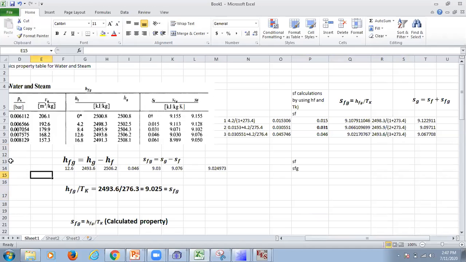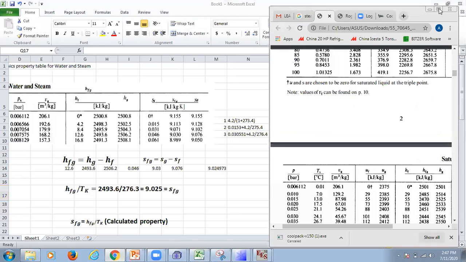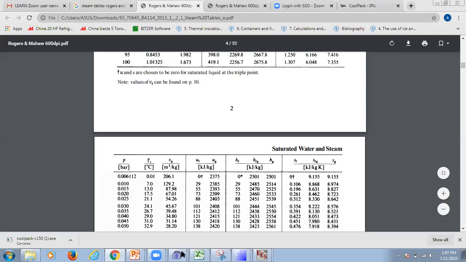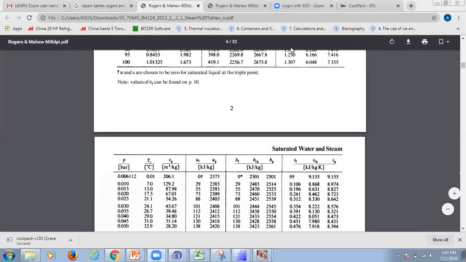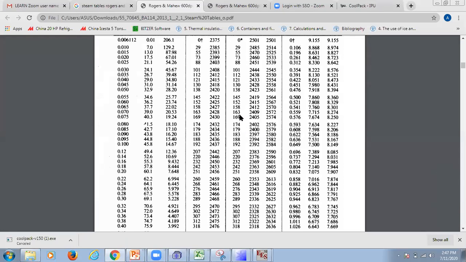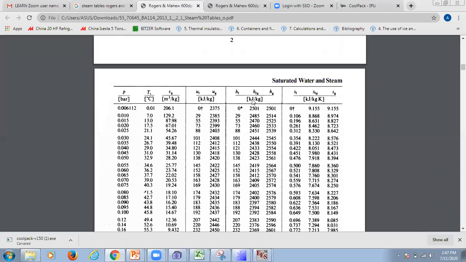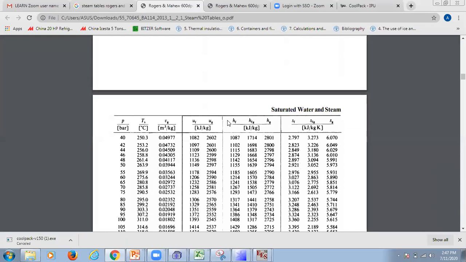Okay. So now I'm going to the same Rogers and Mayhew table here. This one. So you know from the H values how to get the S values. All the same.